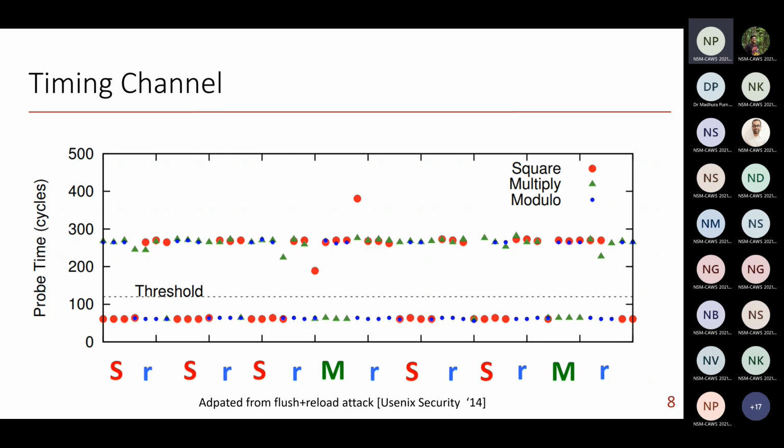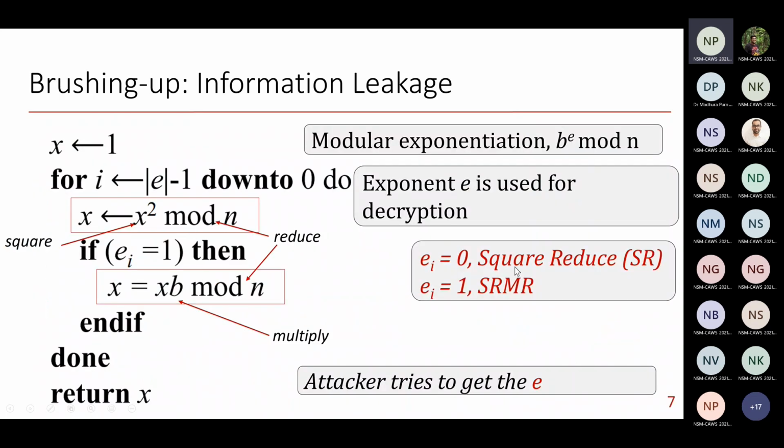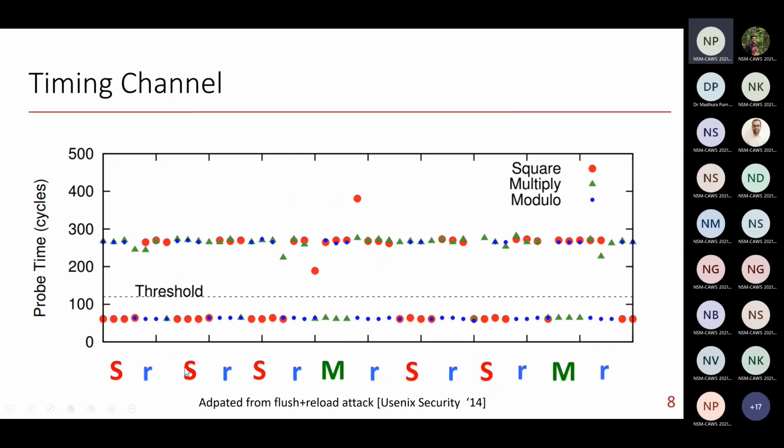Once you have done that, then you need a mechanism to correlate the access patterns that you are observing with the exact code that we have discussed here, the square reduce, or square reduce followed by multiply reduce. If you just look at the latency numbers below 100, you can say that, okay, this information is there in the cache.